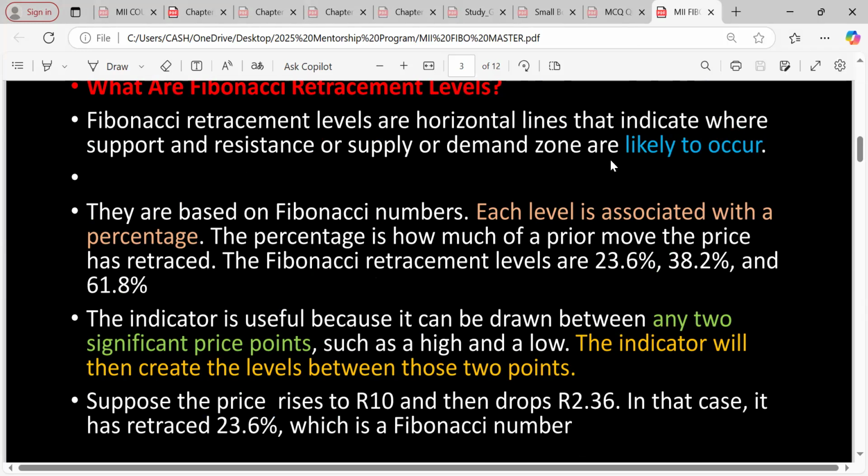So the Fibonacci, what it does is, number one, it marks the important support, the important supply zone, the important resistance level, and also supply, demand, resistance, and support.